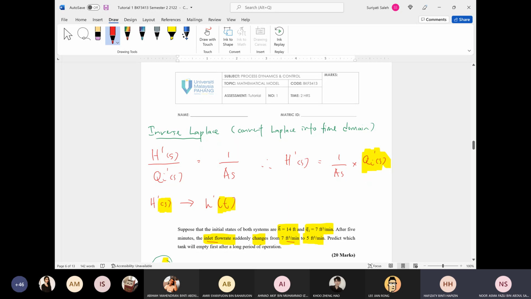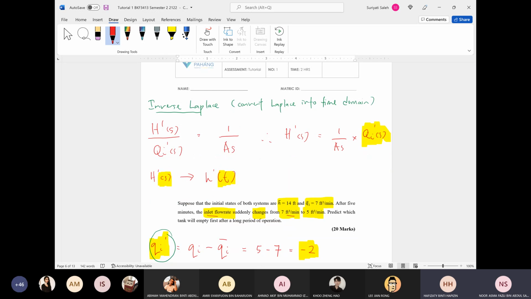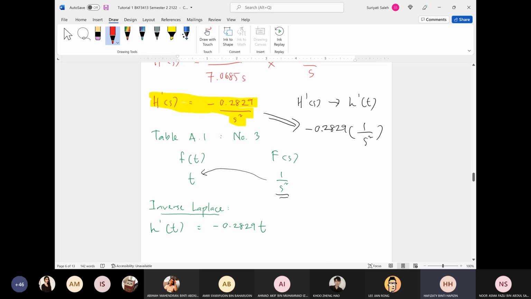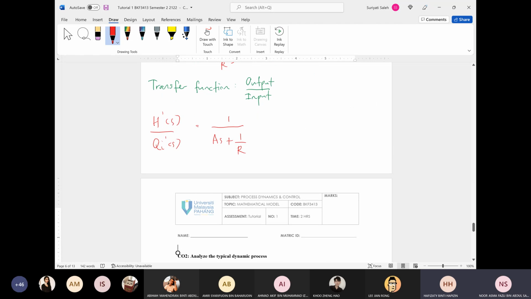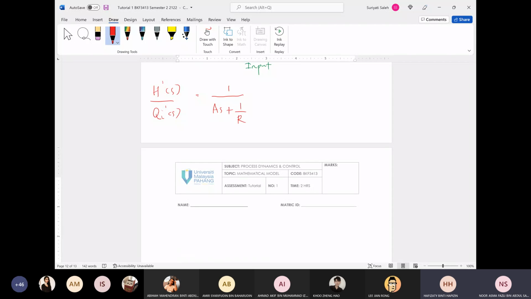Now it's a little bit more complicated, where in this case you have H prime over Qi prime equal to 1 over (A s plus 1 over R). So we obtain the transfer function, and the next step is we want to do the inverse Laplace.